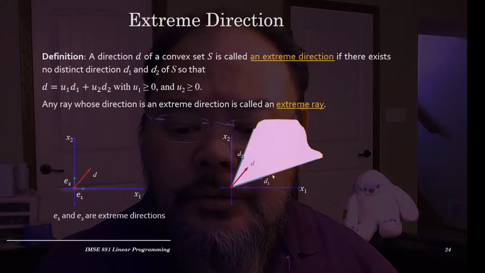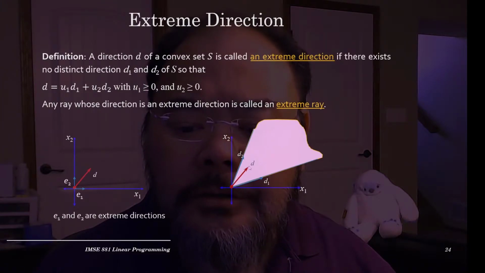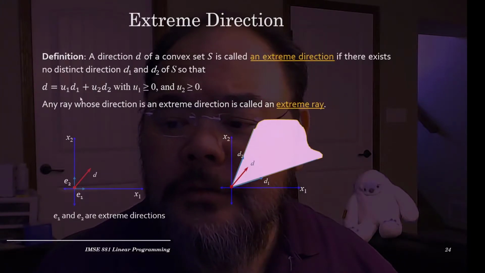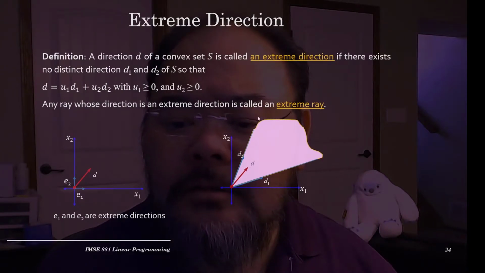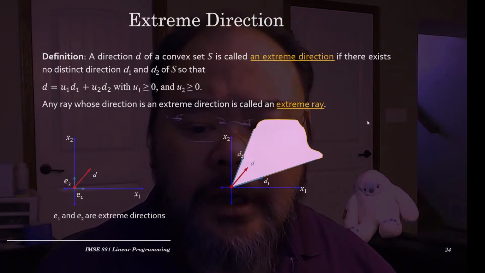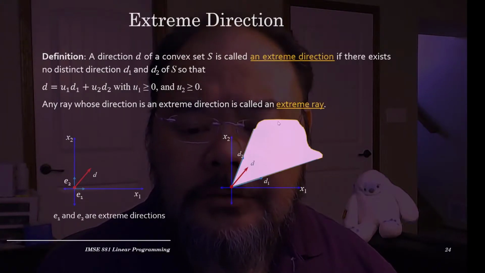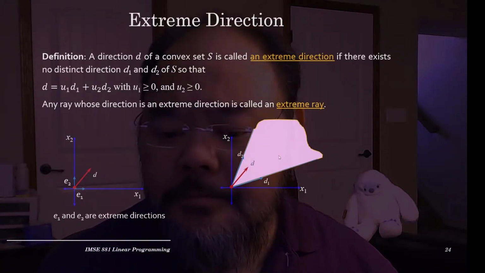D1 and D2 are extreme directions of this cone, and anything D can be represented as their cone combination. Cone combination means u1 and u2 can be any positive number, so it can be any of the directions in this purple area.